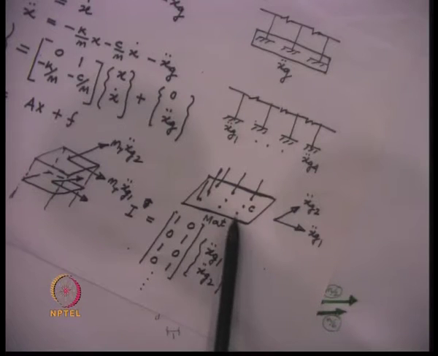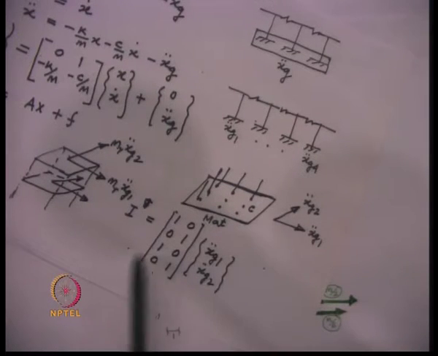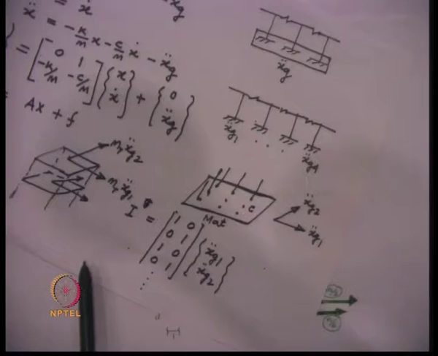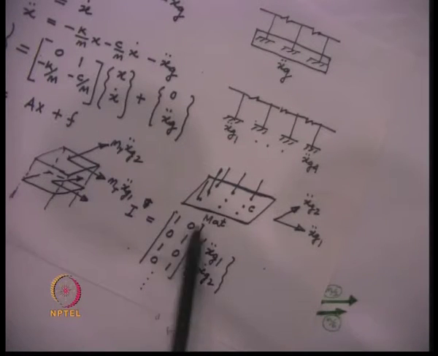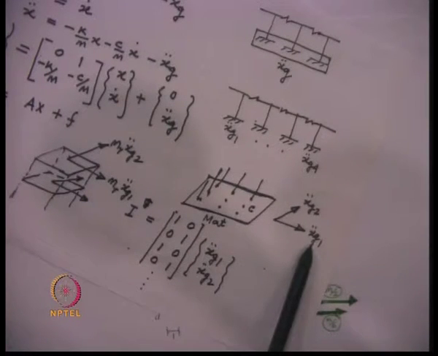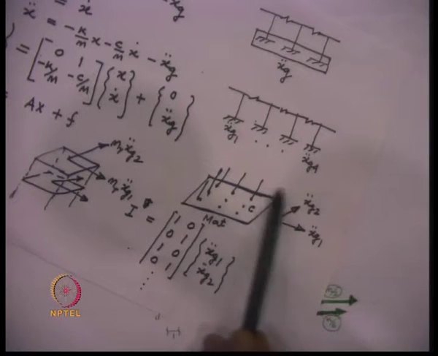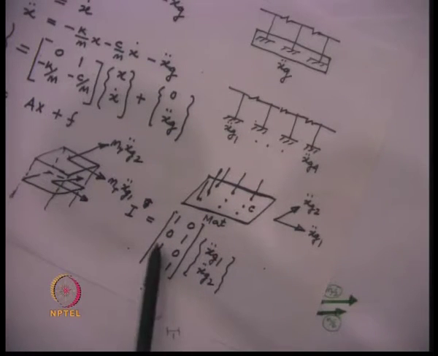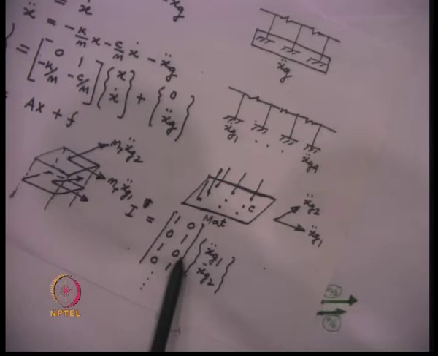Therefore, for these two degrees of freedom, the inertia forces acting are m x double dot g1 and m x double dot g2, that is what we get. So, this is for one floor, this is for the next floor and so on.